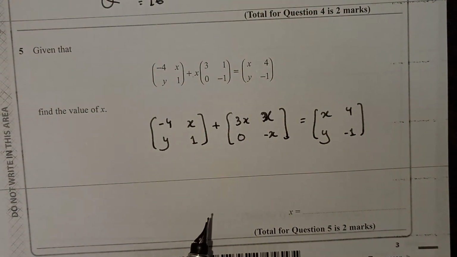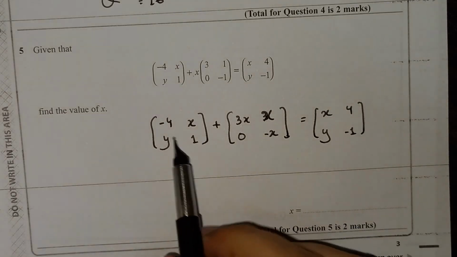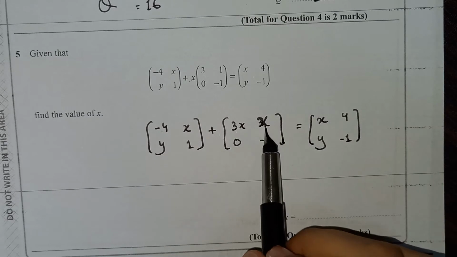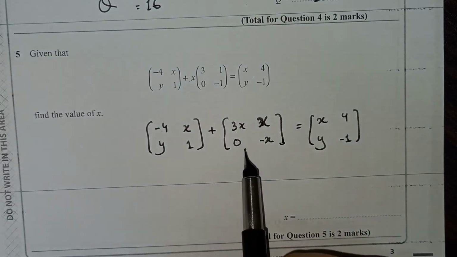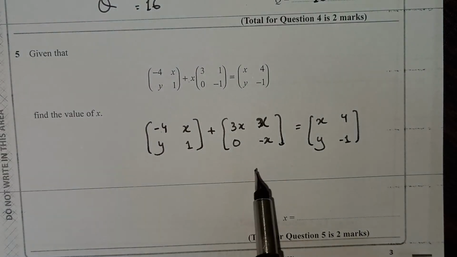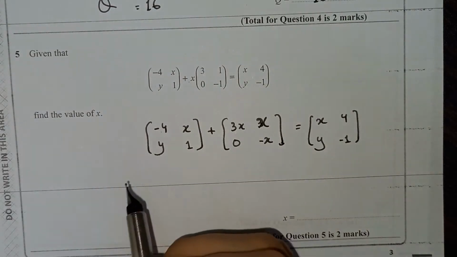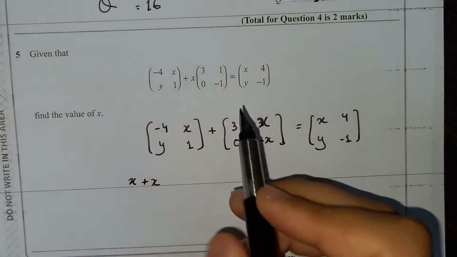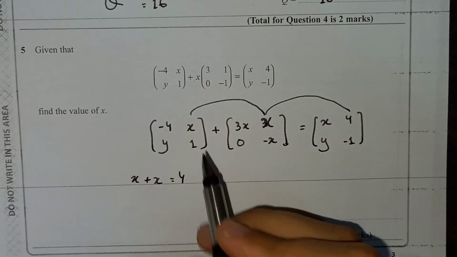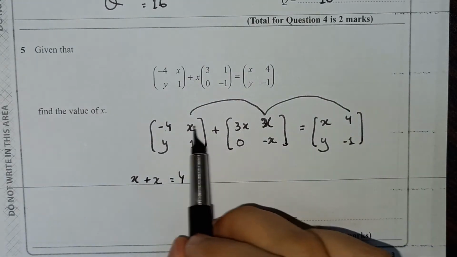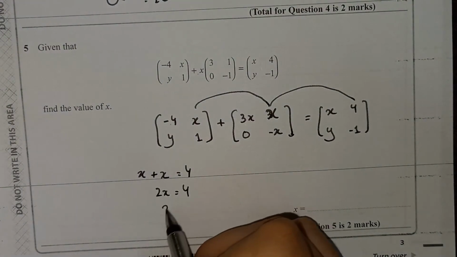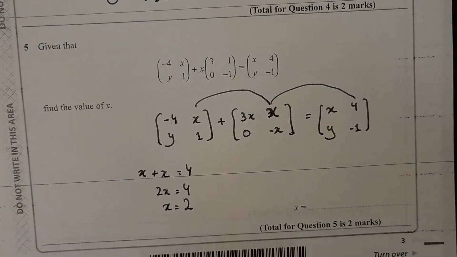Okay, so right now we know that -4 added to 3x gives us x, x added to x gives us 4, y added to 0 gives us y, obviously, and 1 added to -x gives us -1. So we'll just simply go with x added to x gives us 4. The same position in the matrix should be noted. So it gives us 2x is equal to 4 and x is equal to 2.